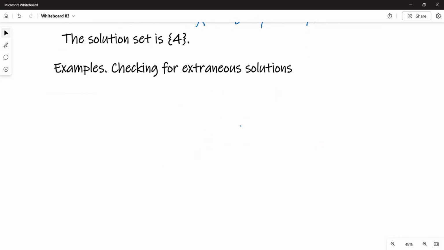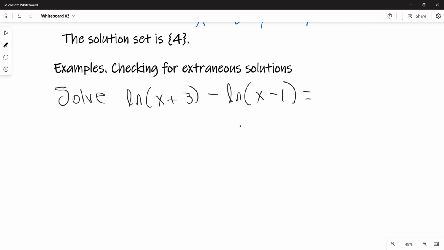Let's solve. Natural logarithm of x plus 3 minus the natural logarithm of x minus 1 equal to the natural logarithm of x. If we have a difference of logarithms, we can combine it as the logarithm of a quotient.